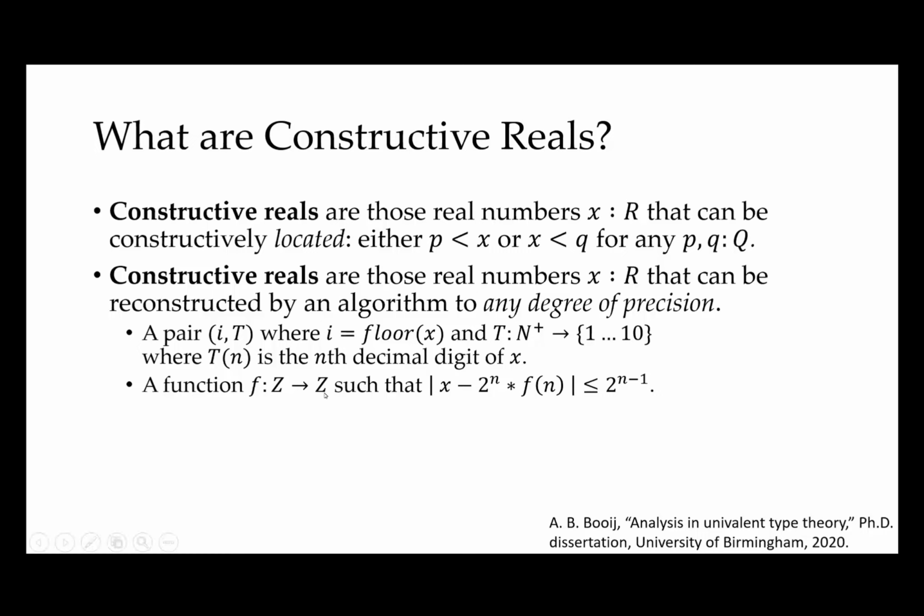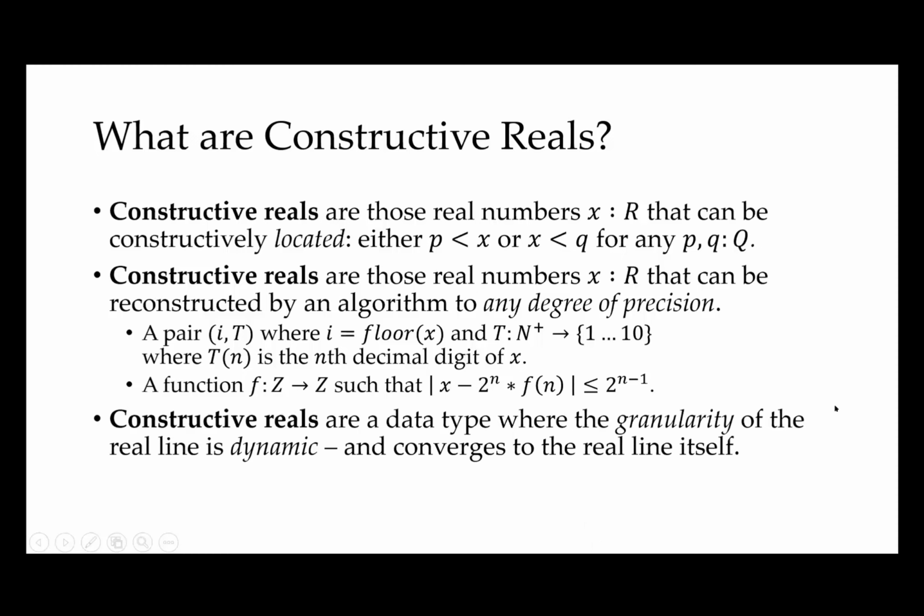And you build this function satisfying a condition where the code we get out, multiplied by, well, it doesn't have to be 2 to the n, but we pick 2 to the n, the distance between that and the actual real number you're representing is always going to be less than the precision at a lower level. So at that level of precision, you're never too far away from the actual number you're representing. And this is exactly the same as just locating the number. All these processes are identical, they're just done in different ways with different data types.